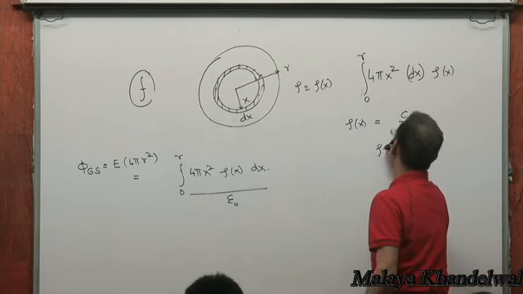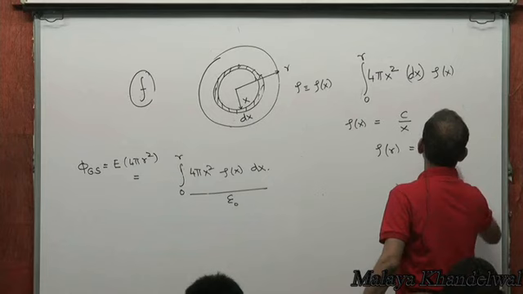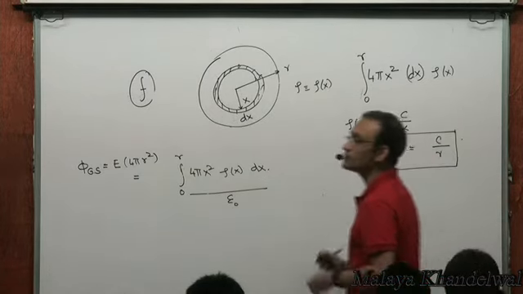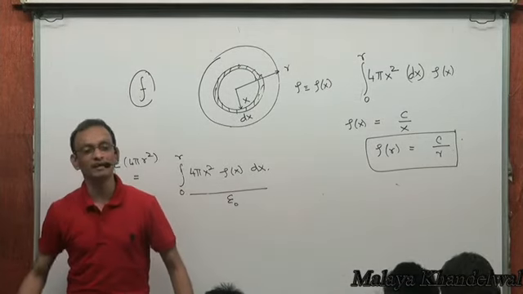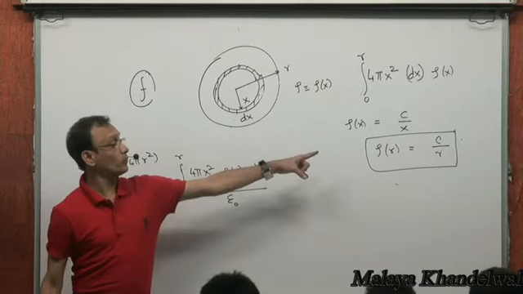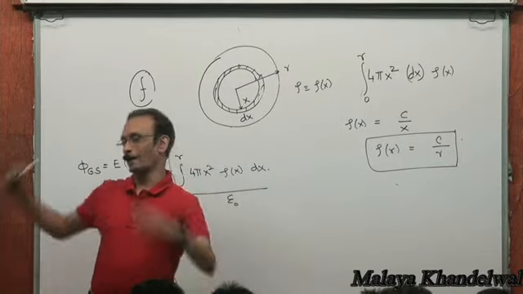That means as a function of r, distance from the center, it's going to be c by r. This is how rho should vary with r, so that this entire region becomes a region of electric field which has the same numerical value at all points. Right? Rho as a function of r must be c by r then to meet the requirements.